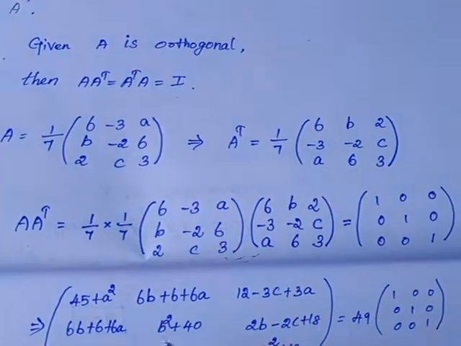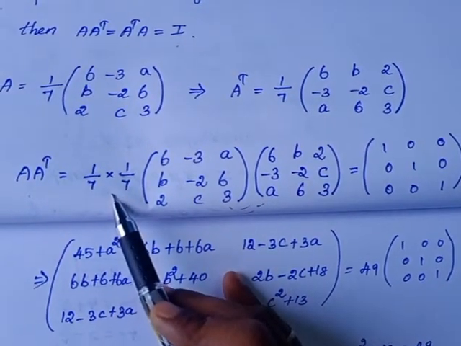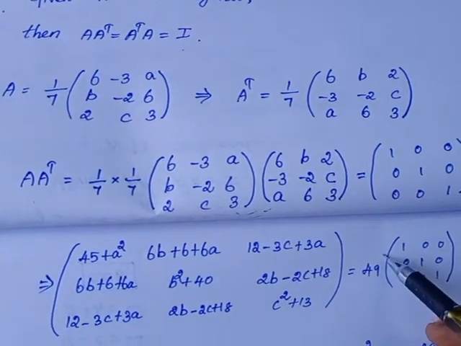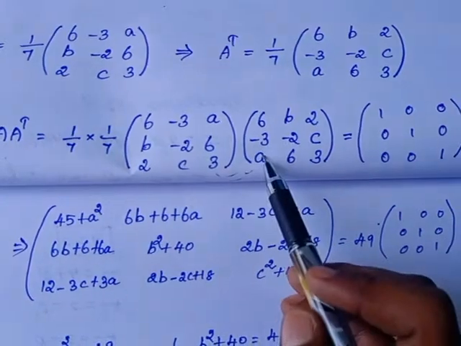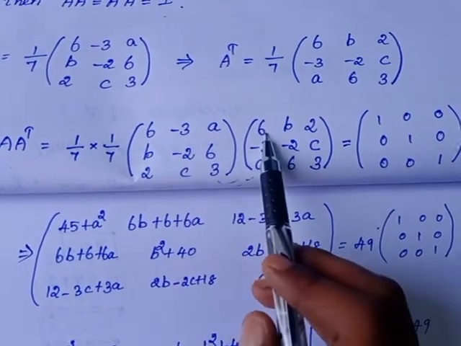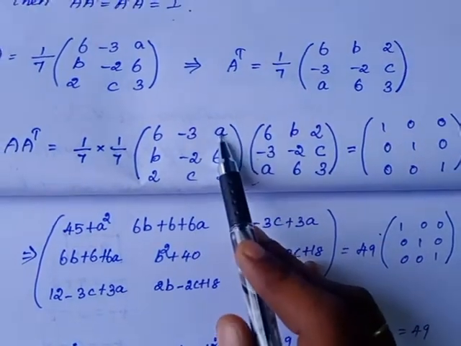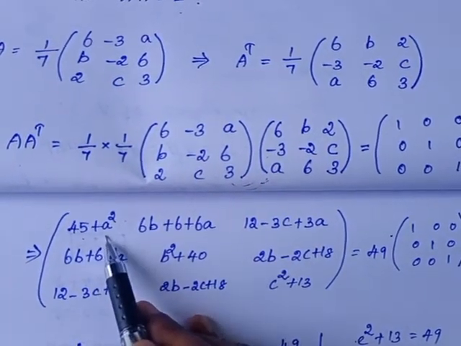Multiplying the scalars gives 1 by 49, and taking it to the right hand side it becomes 49 into the identity. Now multiplying first row and first column: 6 into 6 is 36, minus 3 into minus 3 is plus 9, plus A into A is A square. So we get 45 plus A square.